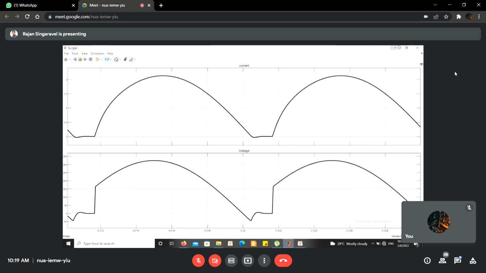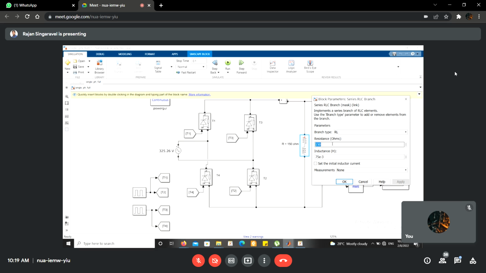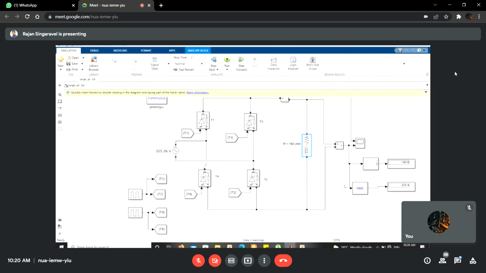Right. So now with the same alpha and the same L, I am going to reduce my resistor to 30 ohm. With this resistor value, I am going to simulate now. Let me calculate the load angle here. Tan inverse of omega L by R, 2 pi f with the same 75 millihenry.